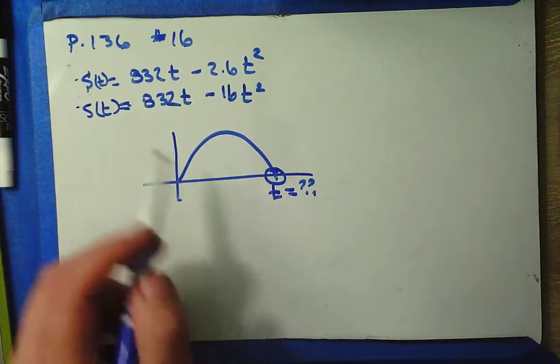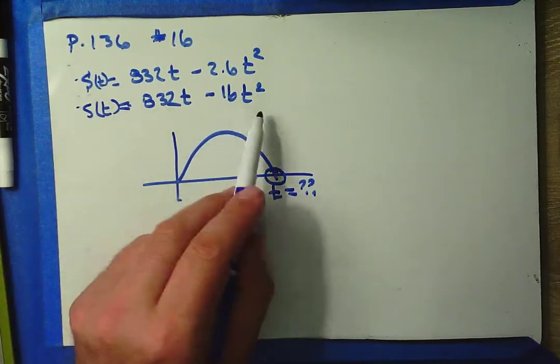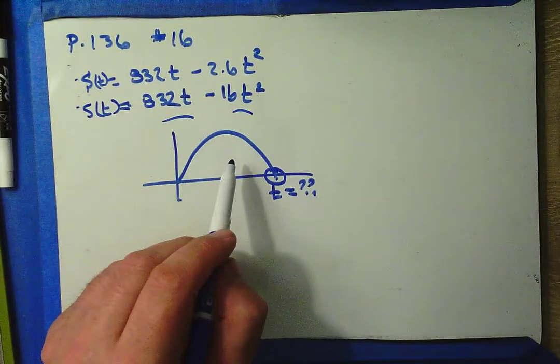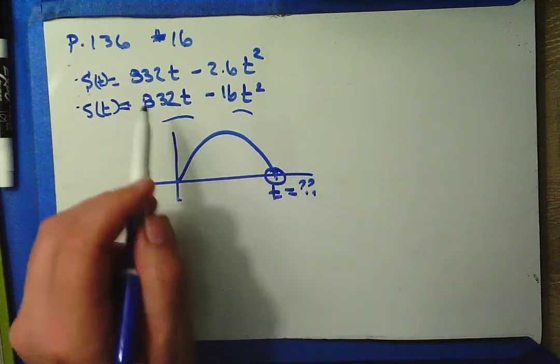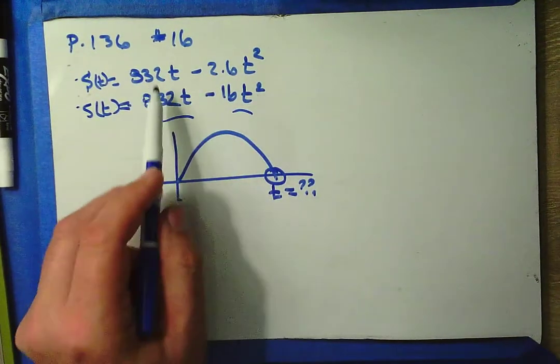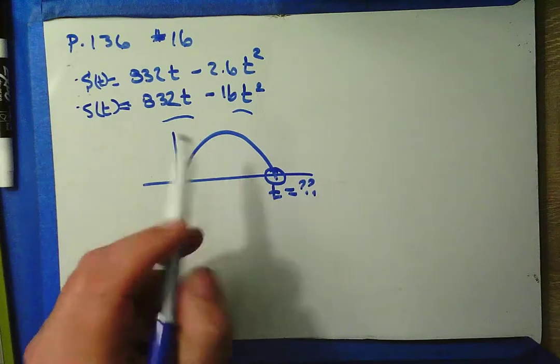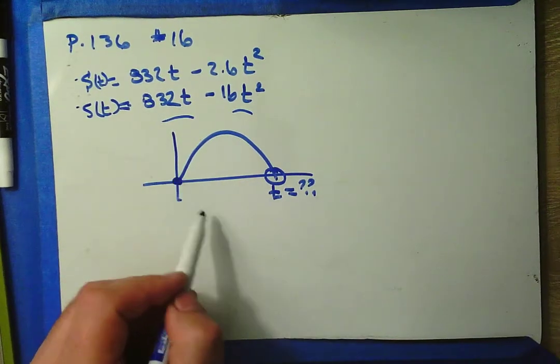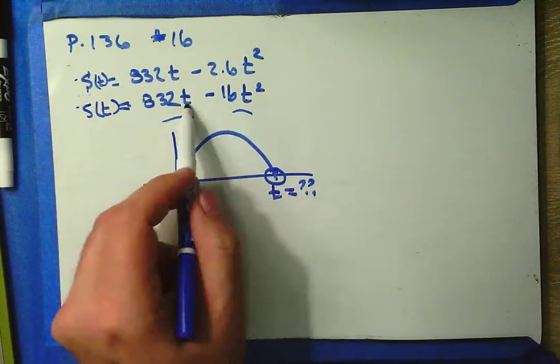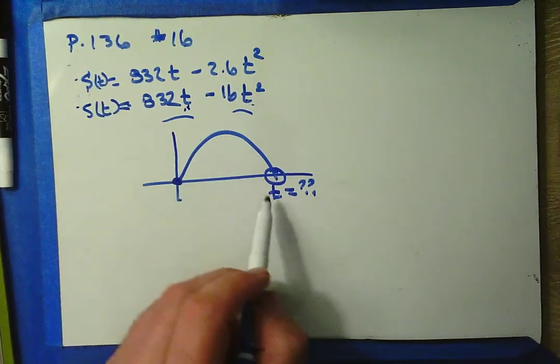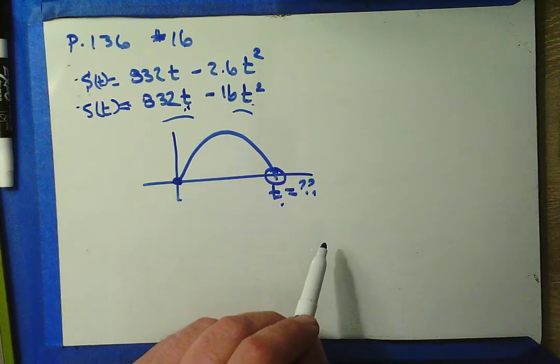I'm going to let you set these equal to 0 and solve for t. You can do factoring, you can do quadratic formula, you could graph these and do second calc zero. Remember, we know there's going to be a 0 at 0 because you could factor a t out of both of these. We're looking for back on the ground in each case.